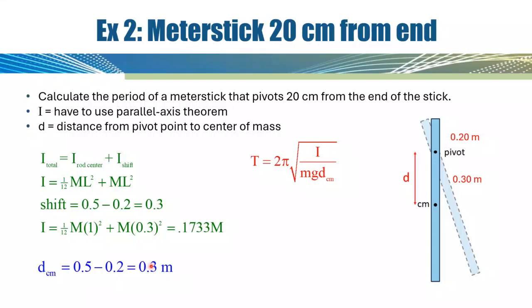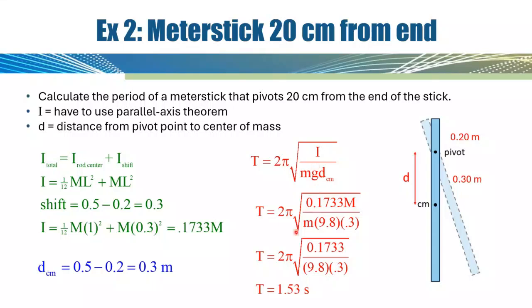So now I'm ready to plug these values into my equation. I'm going to plug in the 0.1733 m, and in the denominator I have m g d, so I have an m, 9.8 times 0.3.